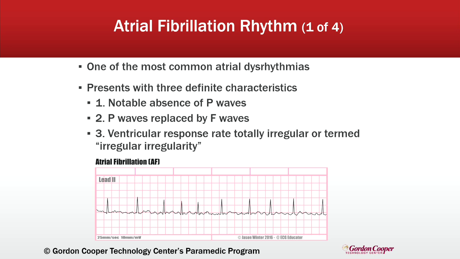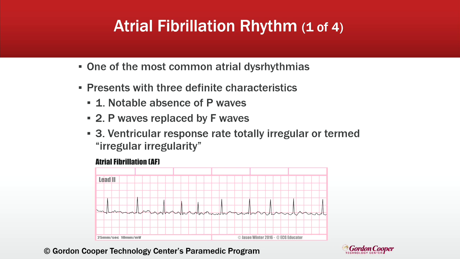Then we also see that it's irregularly irregular, and that's within the ventricular response. So the ventricular response is totally irregular, meaning the time between each ventricular beat varies unpredictably. So this is often described as irregularly irregular, because there's no consistent pattern to how the impulses get through the AV node to the ventricles.